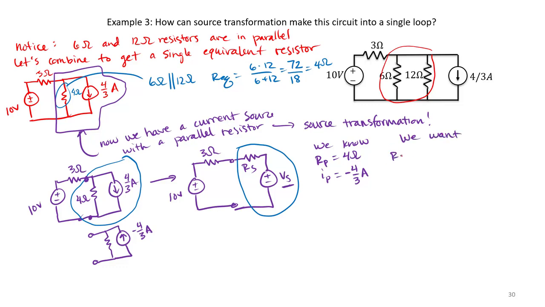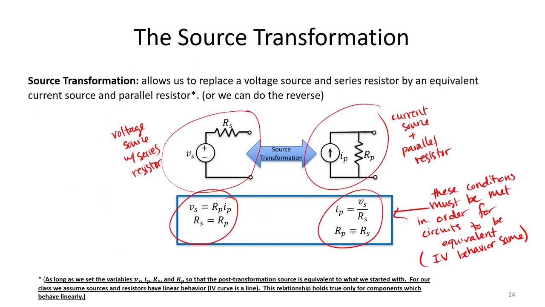Well, we want to know our series resistance, and we want to know our series voltage. And how is our series resistance related to that 4 ohms? Remember, series resistance must equal the parallel resistance. We also know series voltage is just parallel resistance times current.